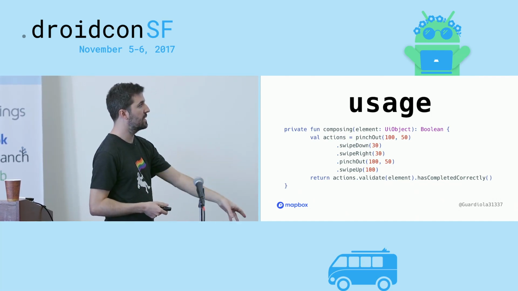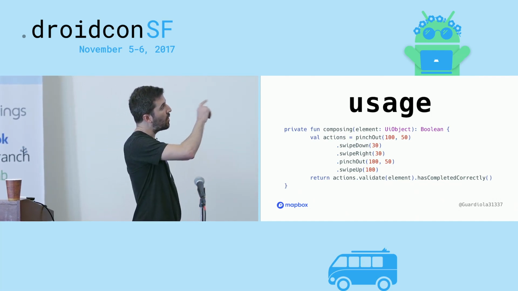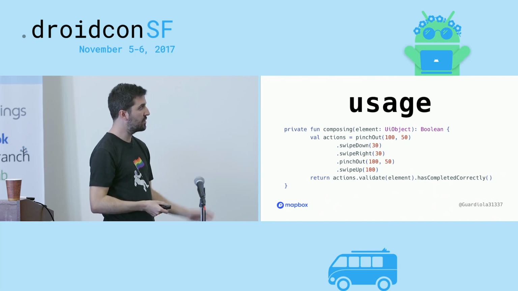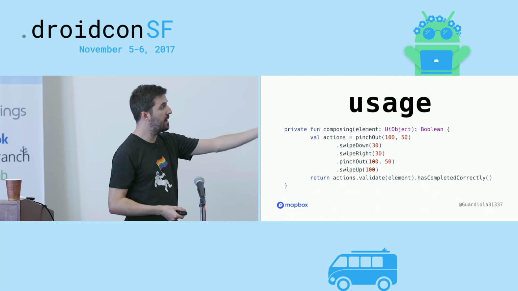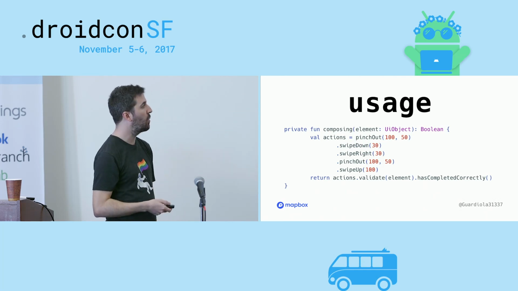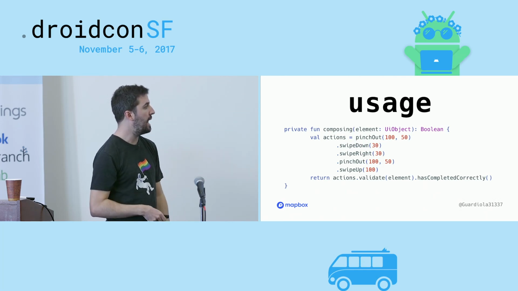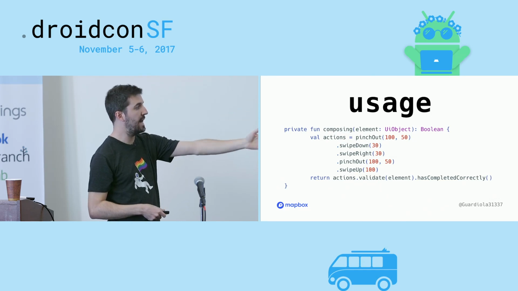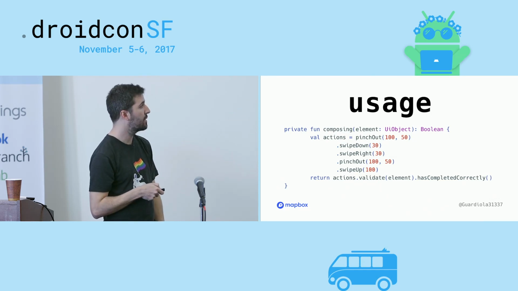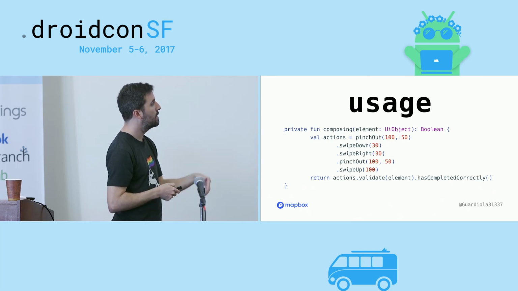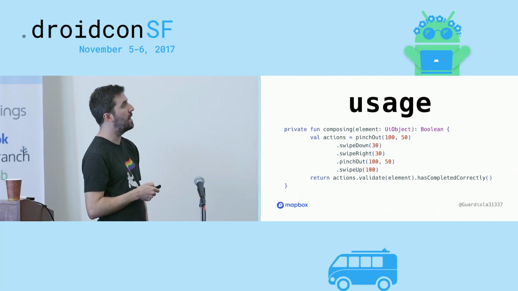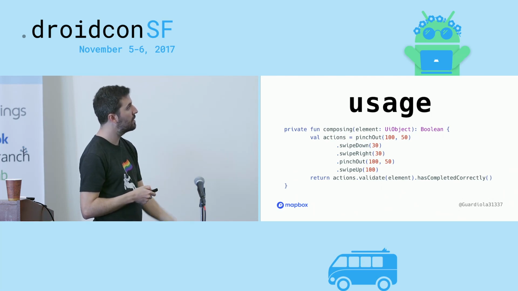So we are then composing a series of actions, and in this case we have pinch out, swipe down, and then, because all of these actions will be executed sequentially, we validate that all of them were correct, and we are doing that using this syntactic sugar API, which will tell us that every action was correct.